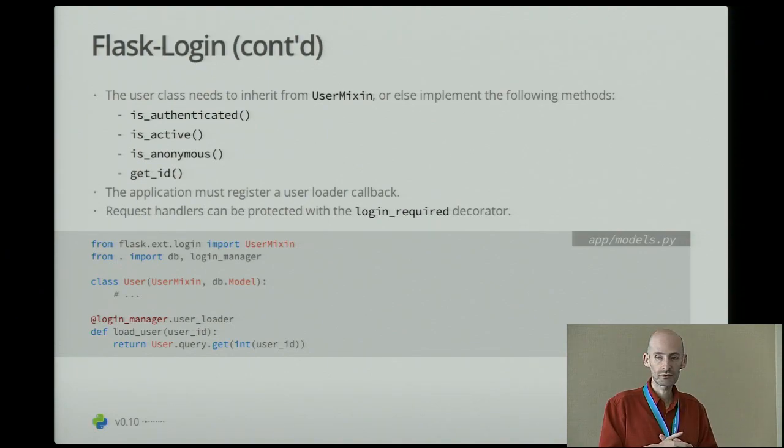The function takes the user ID as an argument, and that comes as a Unicode string, so it needs to be converted to an integer for Flask SQL Alchemy, because in SQL Alchemy the keys are integers. But basically that's all the configuration.